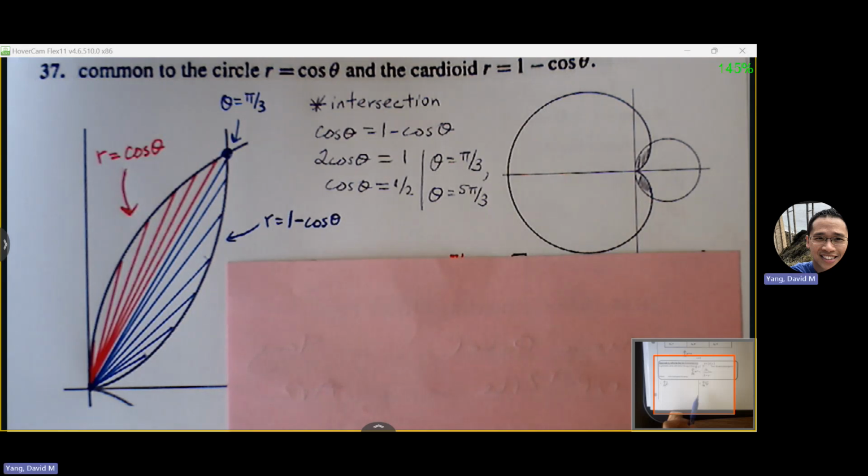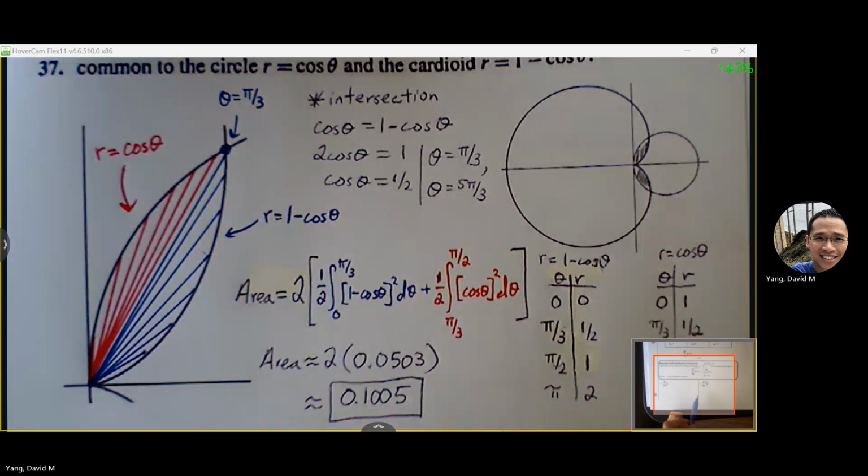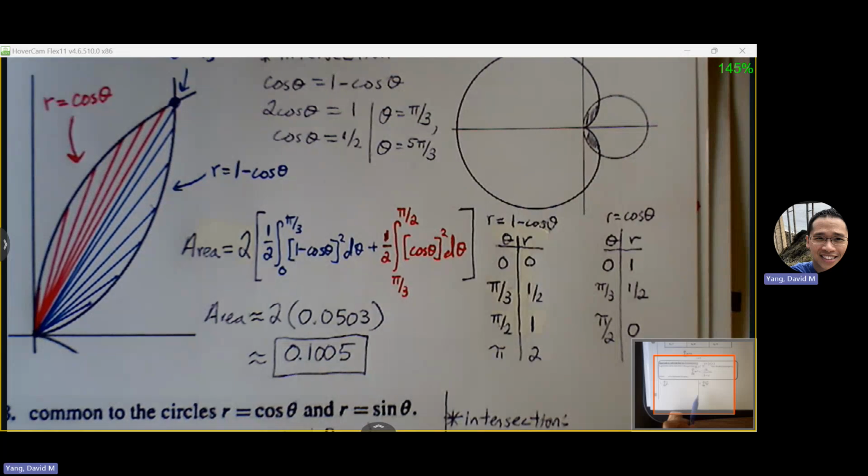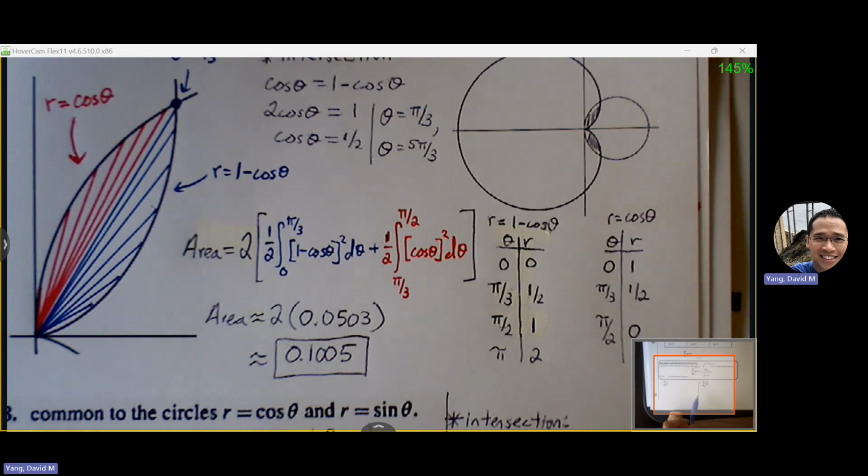Remember, anytime we find area, it always has to stem from the polar zero and sweep in a counterclockwise direction. And sometimes it helps, I think, to create a table of values so that you know how the graph is moving. So for the cardioid, 1 minus cosine theta, we start here, and we're going this direction, right?